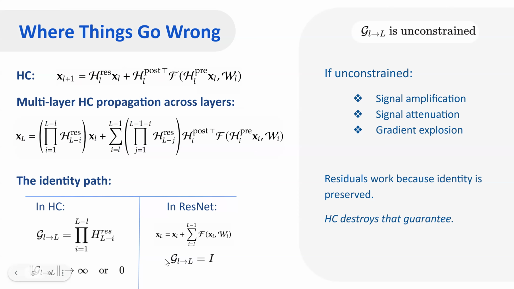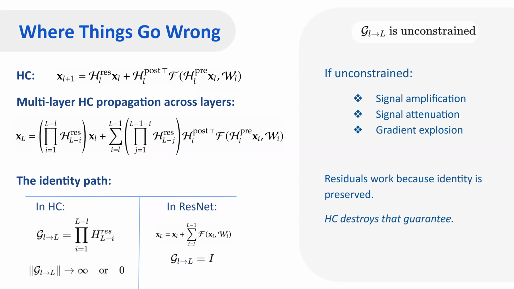The gradient flows easily. But here, for large and small mapping values, this identity part would approach infinity or 0. So it can really amplify or attenuate the input signal.